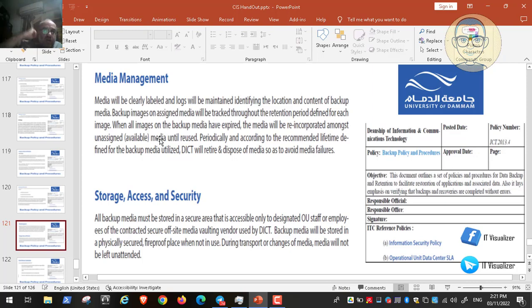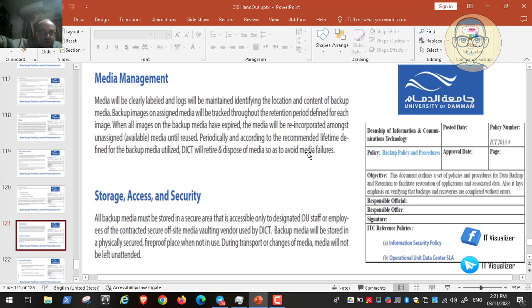He's saying here that periodically, and according to the recommended lifetime defined for the backup media utilized, the ICT will retire and dispose of the media to avoid media failures. For example, some tapes may have corruption or errors, or the tape is damaged, so we need to revise the logs and see if there are any corruption or read and write errors.